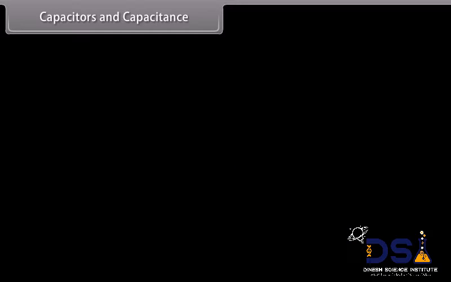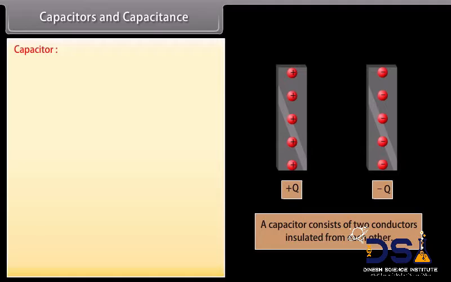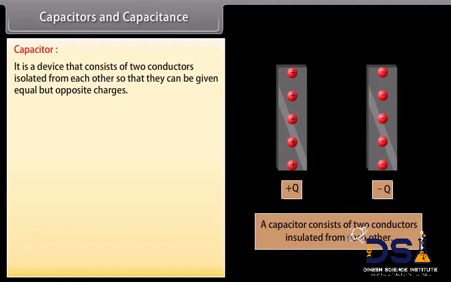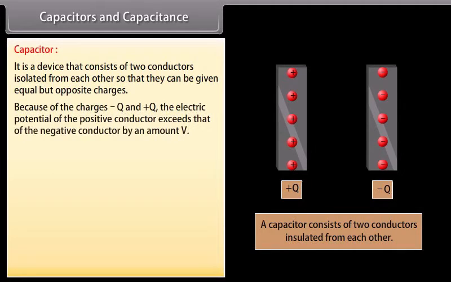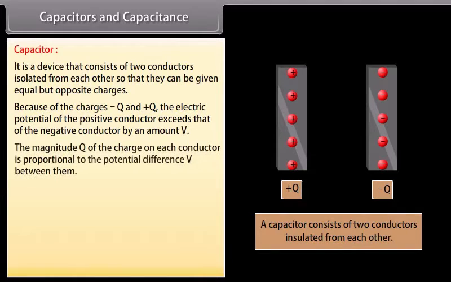Capacitors and capacitance. Capacitor. It is a device that consists of two conductors isolated from each other so that they can be given equal but opposite charges. Because of the charges minus Q and plus Q, the electric potential of the positive conductor exceeds that of the negative conductor by an amount V. The magnitude Q of the charge on each conductor is proportional to the potential difference V between them.